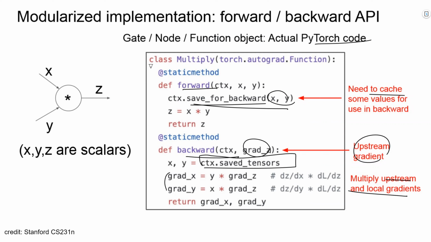And after we implement all the computational blocks following this design pattern, then we can just connect all these modules or blocks to construct our model. Then the only thing we need to do is just perform the forward pass, and after that, perform the backward pass, passing the upstream gradient.